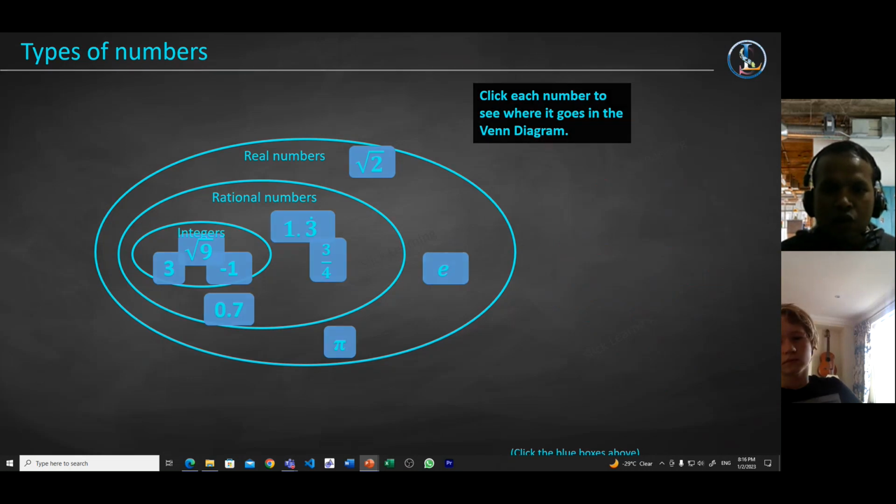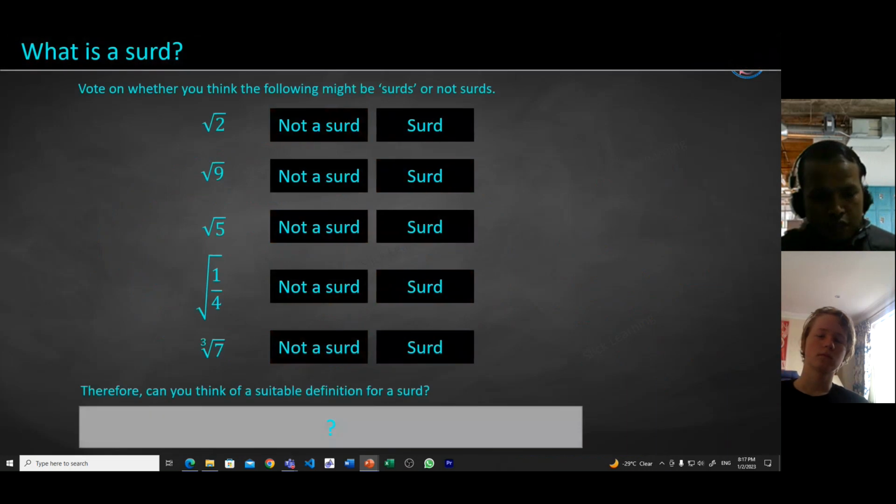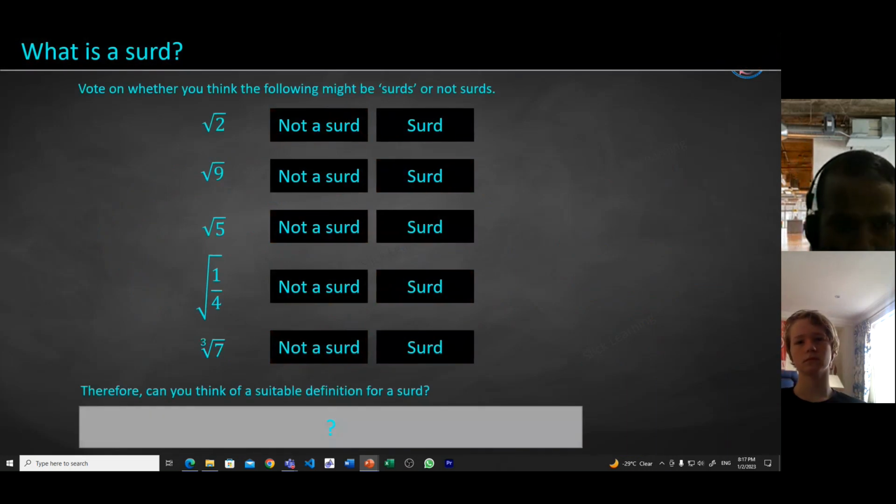Okay, so let's see about surds. Now we are going to learn what a surd is. A surd is simply any irrational number which is not a perfect square. You cannot remove the root. It is actually a root, but not a perfect square root. Like square root 2, it is an irrational number.